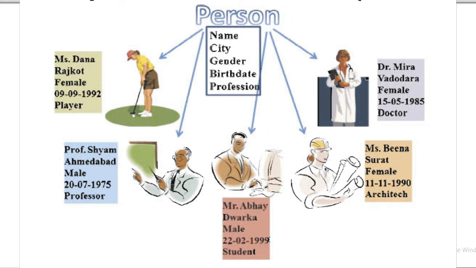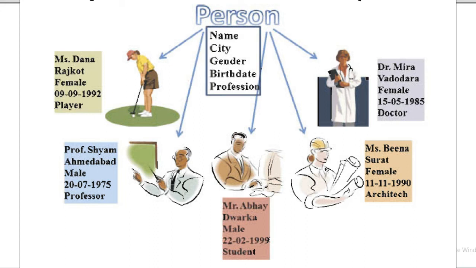So first of all, we define a class, and inside that class we define attributes, so that whatever objects we create in this class will get these attributes: name, city, gender, birth date, and profession. Then when we are creating an object inside this person class, at that time we are supposed to give values of these attributes.